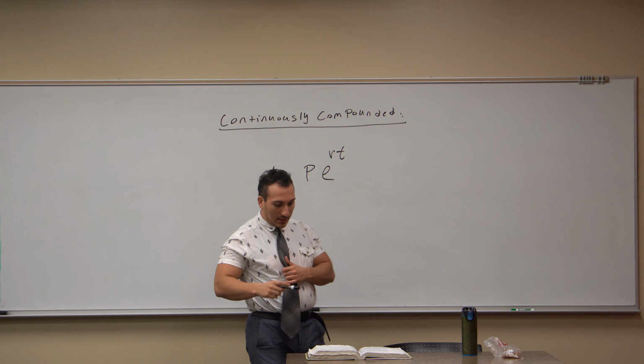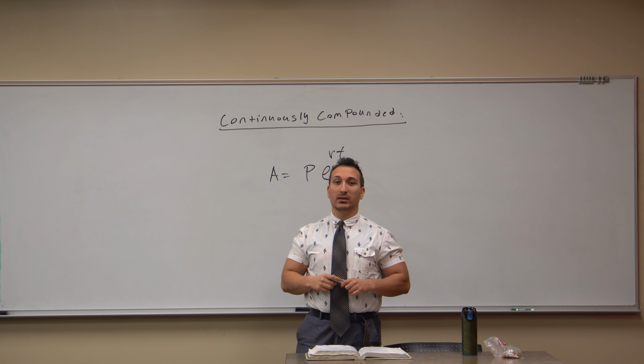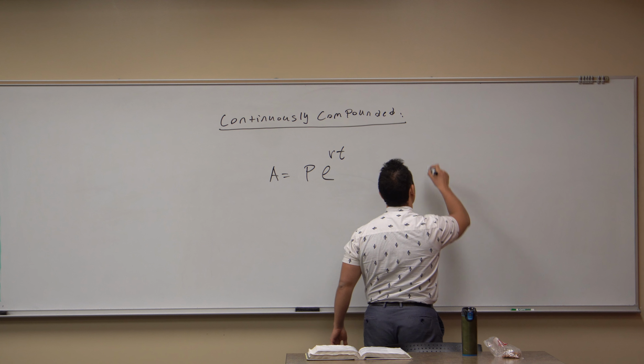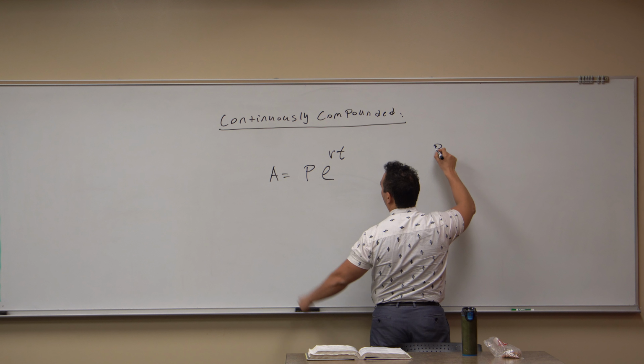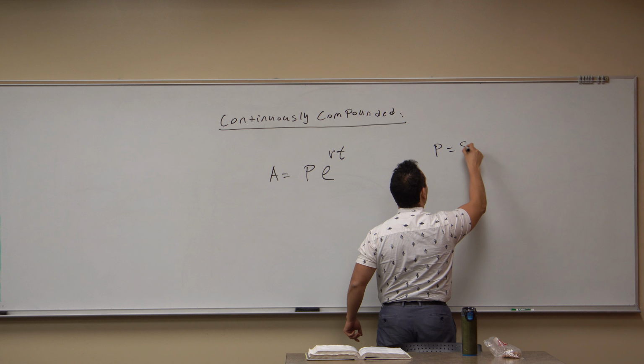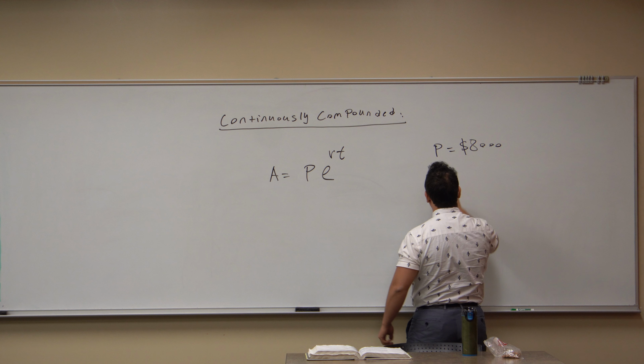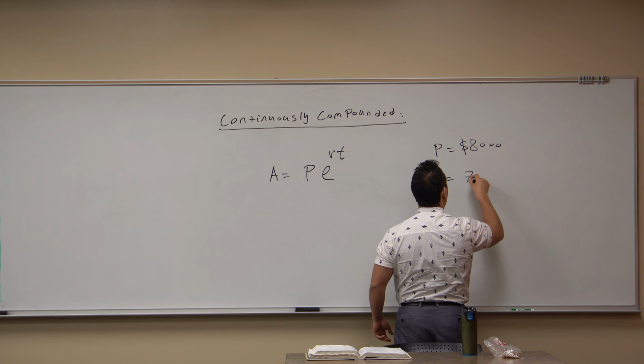So let's say that we had a similar situation to the video before. Our principal amount invested, P again, is equal to $8,000, and the rate is still at 8%.